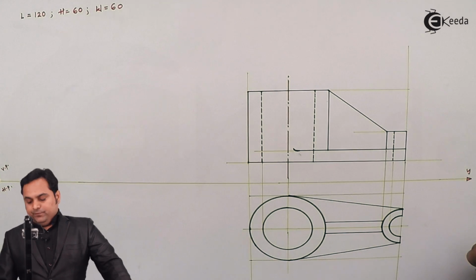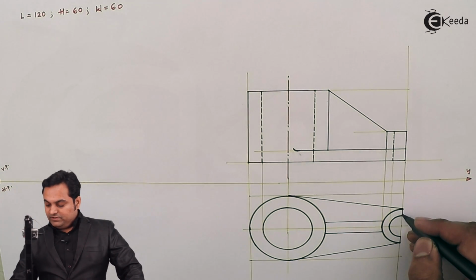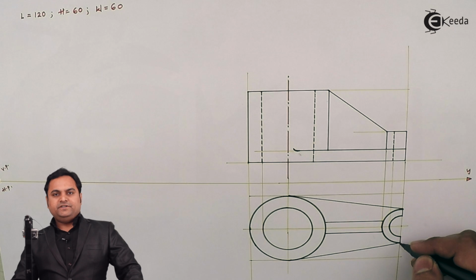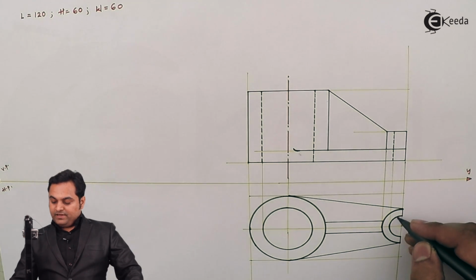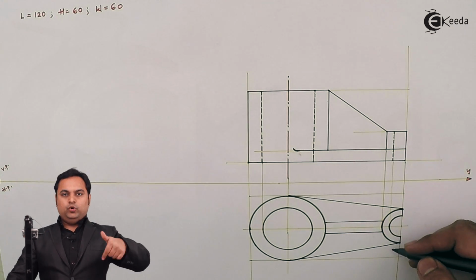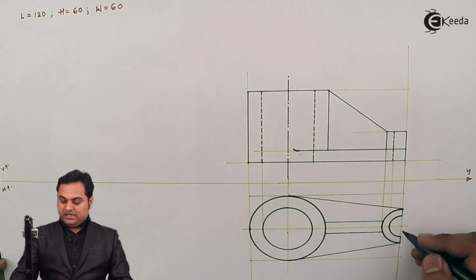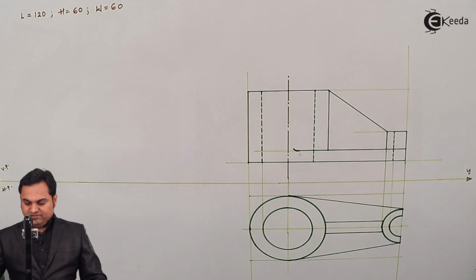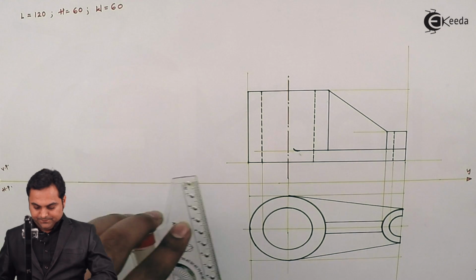So here is the top view. For the semicircular part, only this part is connected. Here we are having a complete semicircular hole, so it won't be made dark. Next, after completing this, I'll draw the center line.